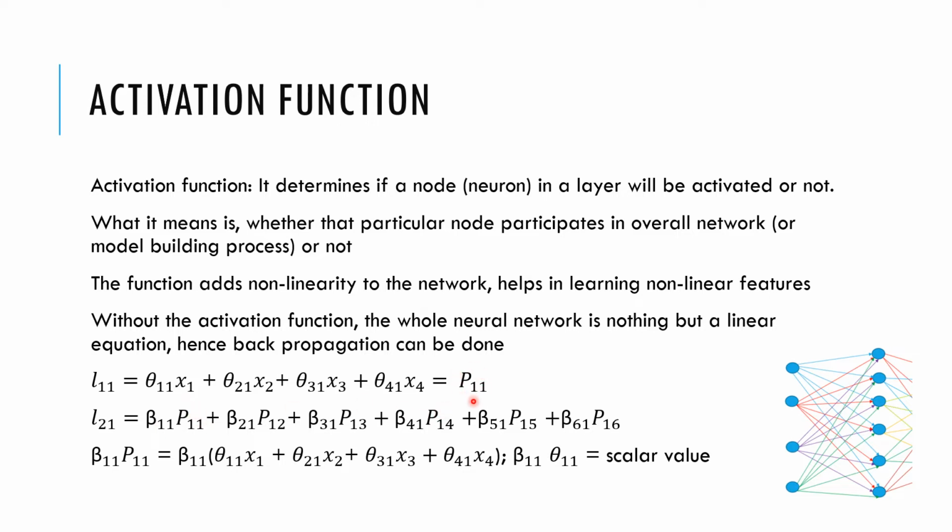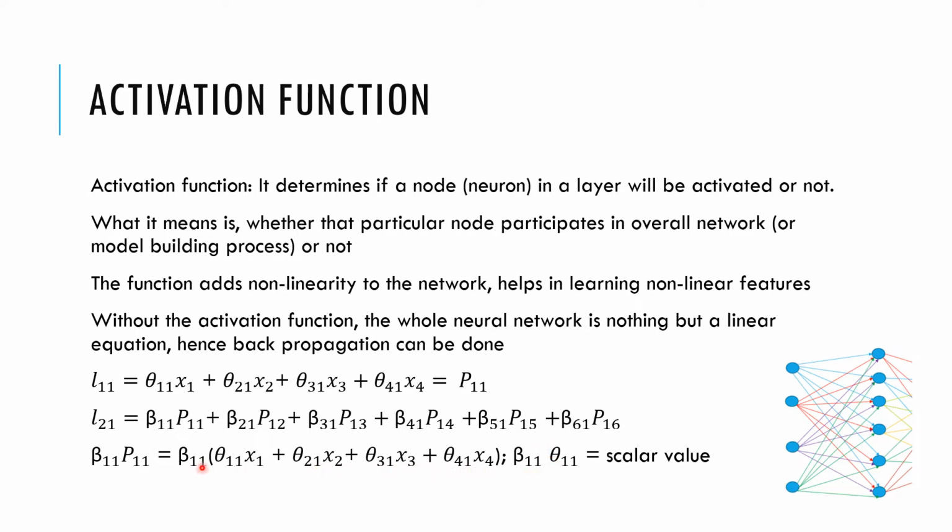So now since we have gotten rid of the activation function, we are simply going to supply this L11 in the place of p11. So this gets multiplied to this whole equation. Finally, what we are getting is beta 11 theta 11 x1 plus beta 11 theta 12 x1 plus theta 21 x2, and so on and so forth.